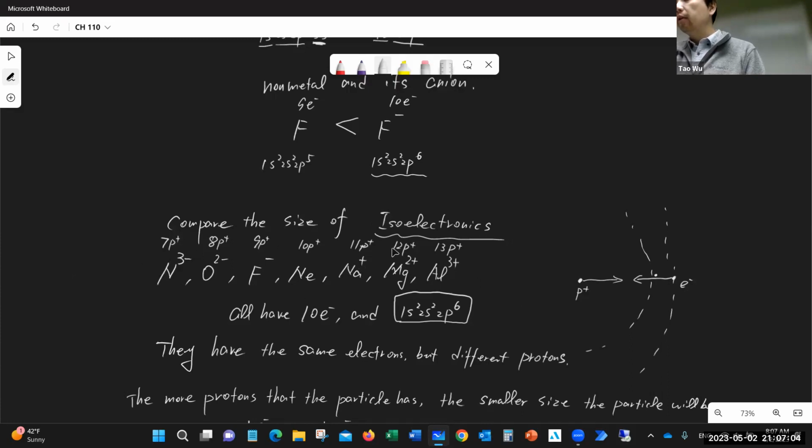Although they have different protons, they have the same electrons. Those are called isoelectronics. How to compare the size for the isoelectronics? You just need to look at which one has the most protons. Aluminum has more protons than the rest, so aluminum is the smallest one. The one with more protons has a smaller size. Okay, so this is a comparison between the isoelectronics.